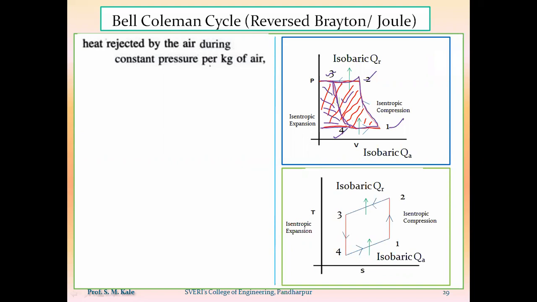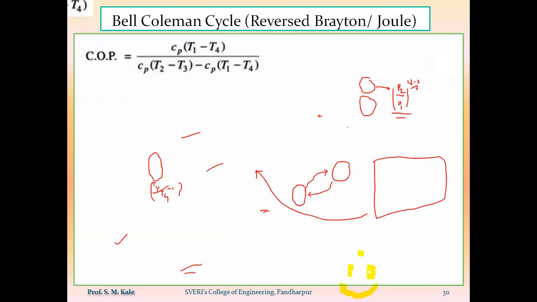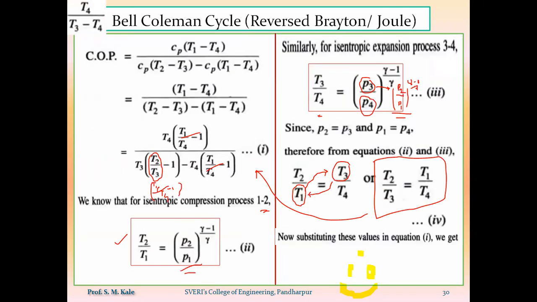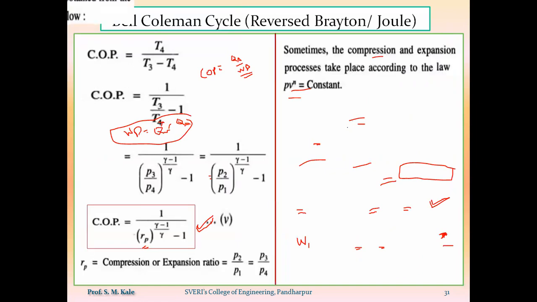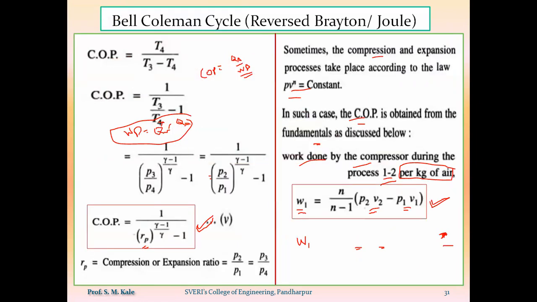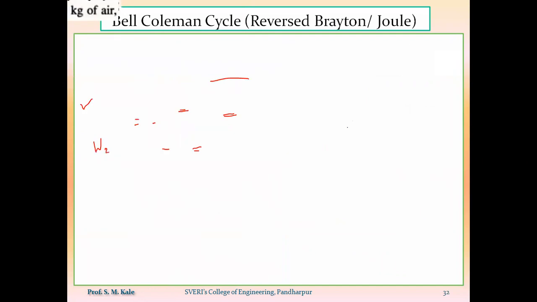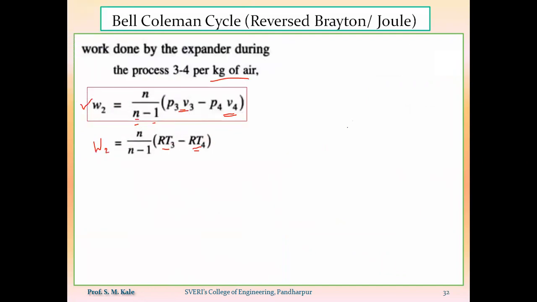Again, by considering the ideal gas equation, instead of P3 V3 we have written R into T3, and P4 V4 we have written R into T4. So work obtained from the expander is equal to n upon n minus 1, R into T3 minus R into T4. Are you getting up to here?